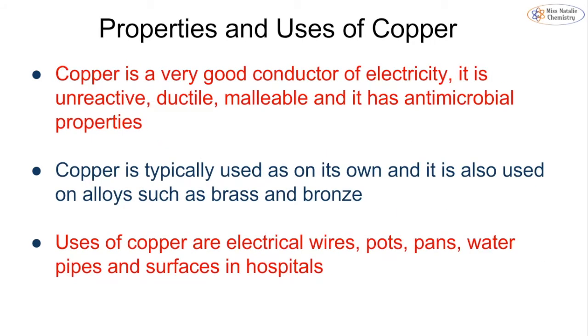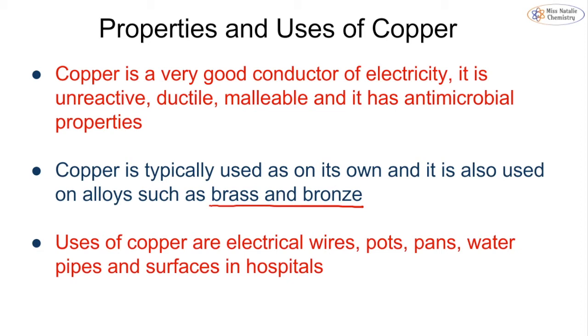For copper, it's the same sort of thing. Copper is a very good conductor of electricity, and we tend to use it in wires for our electronics. It is also very unreactive because it's quite far down in the reactivity series. It is ductile, malleable, and has antimicrobial properties. Now, copper typically can be used on its own, but it is also used in alloys like brass and bronze.